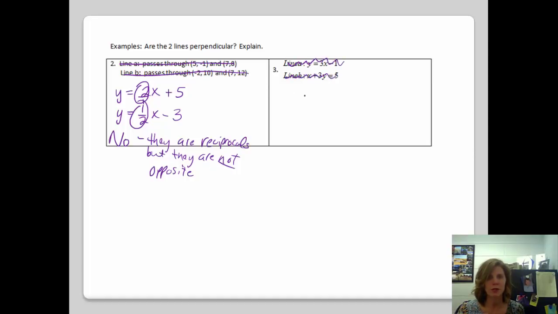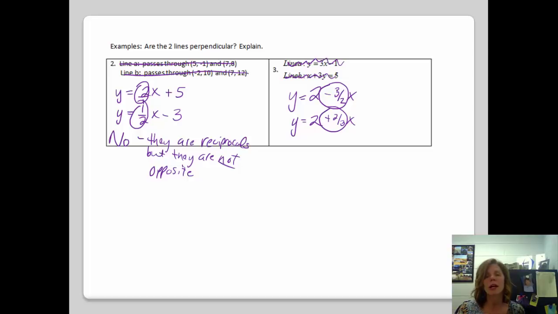Okay, again, we're going to get rid of the information that's there. Let's say I have y equals 2 minus 3/2 x, and this one I have y equals 2 plus 2/3 x, and I would like to know, are the two lines perpendicular? The first thing I'm going to look at, I'm not going to look at the 2's, even though they're both the same, that really doesn't matter. I'm looking at the slopes. First of all, I notice that they are opposites, so that is good.